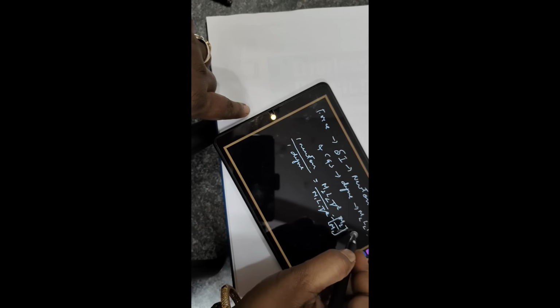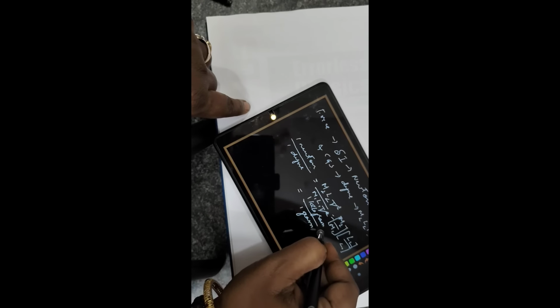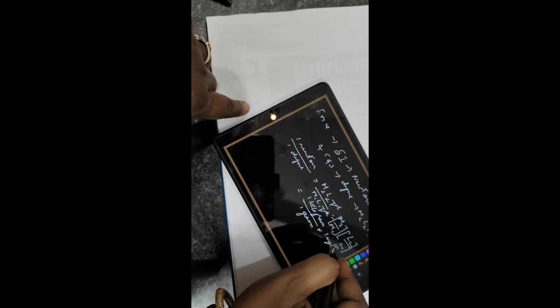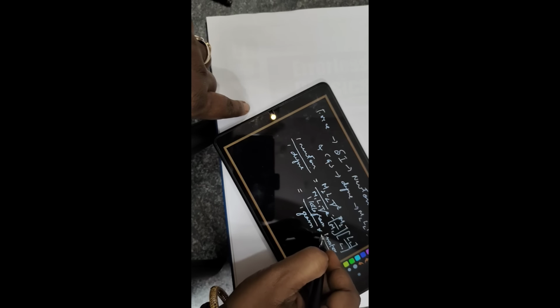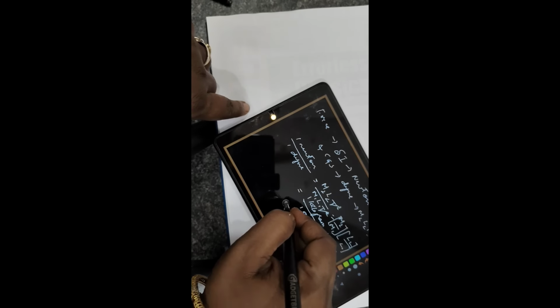Okay, so here mass is in 1 kilogram upon 1 gram, into 1 meter upon 1 centimeter. So now this kilogram and meter we will take in CGS.